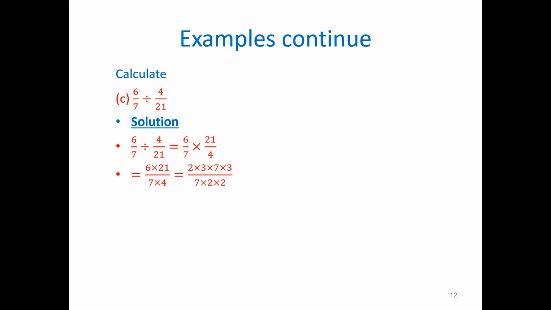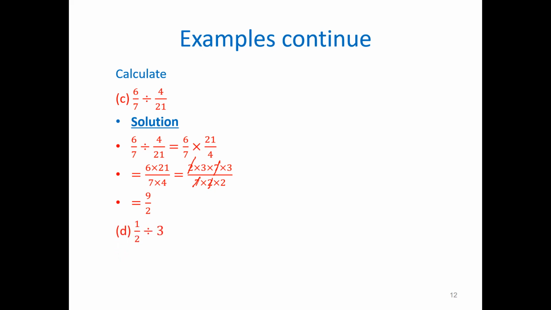Because here, 2 will be cancelled with 2, 7 will be cancelled with 7. So the final answer will be 9 by 2, because you can cancel this 2 with 2, 7 with 7, and the remaining will be 3 times 3, that is 9 divided by 2. So this is the division operation and simplification.